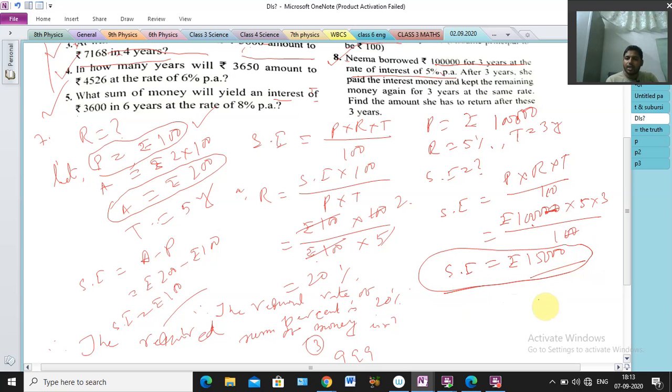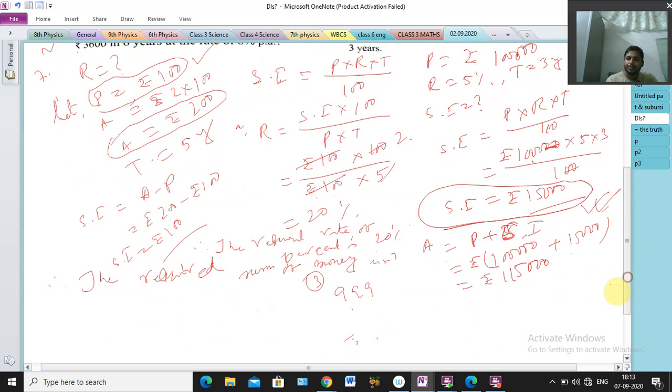The total amount equals principal plus interest, that means rupees 1 lakh plus 15,000, which comes to 1,15,000. But only 15,000 she paid.